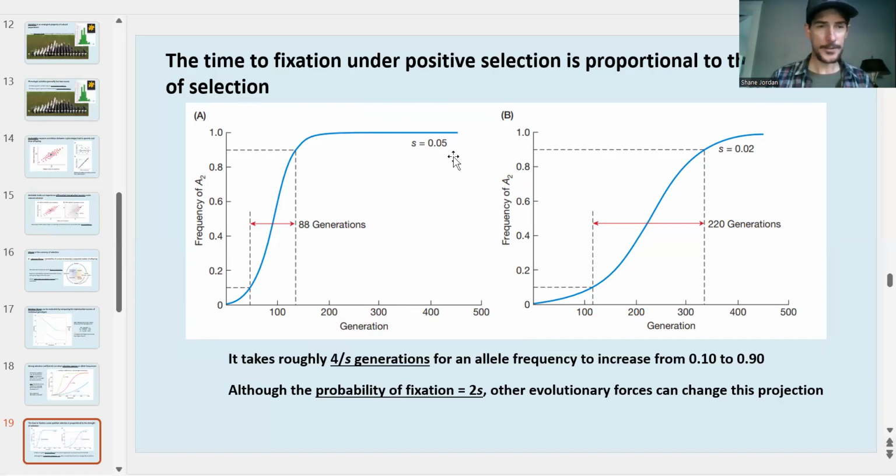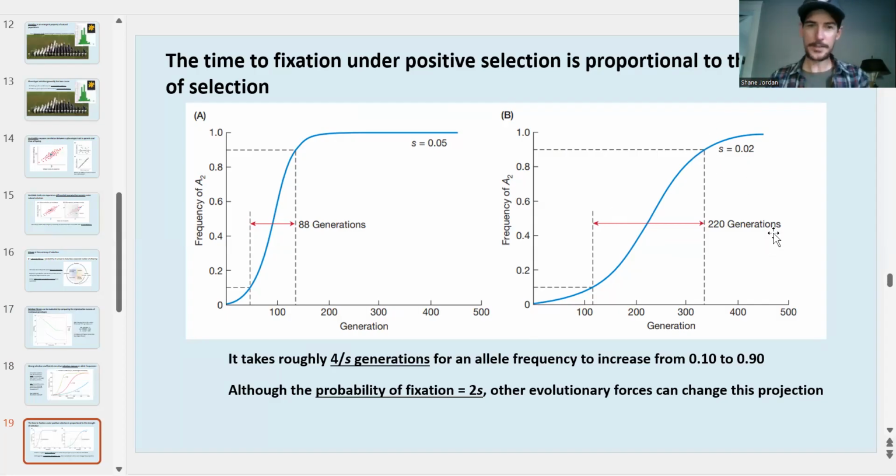And we can see that under this type of strength of selection, it takes only about 88 generations for the frequency of this mutant allele to increase from about 10% in the population to about 90% in the population. And so that's a relatively fast period of time if selection is sufficiently strong. When selection's weaker, as shown in the example on the right, let's say the selection coefficient equals 0.02, it might take something closer to 220 generations for the frequency of this mutant allele to increase from 10% to 90%.